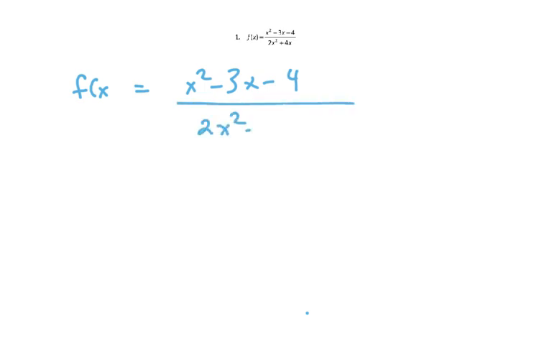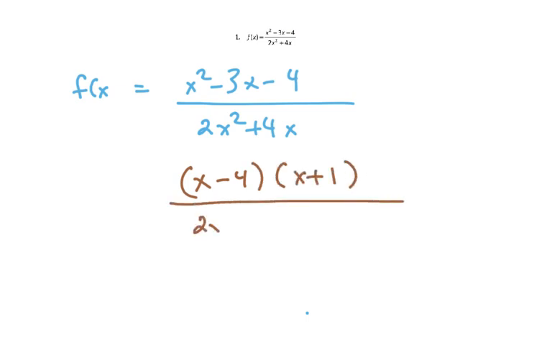So the first thing I'm going to do is rewrite it. And the next thing I'm going to do is factor this out as much as I can. So I know the numerator is going to factor to x minus 4 times x plus 1.